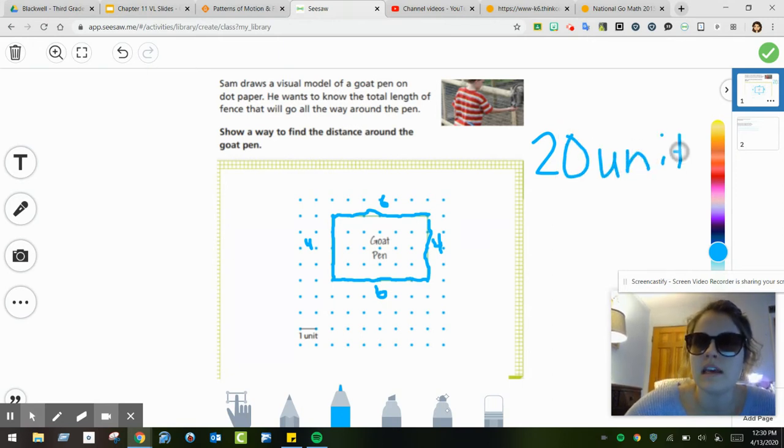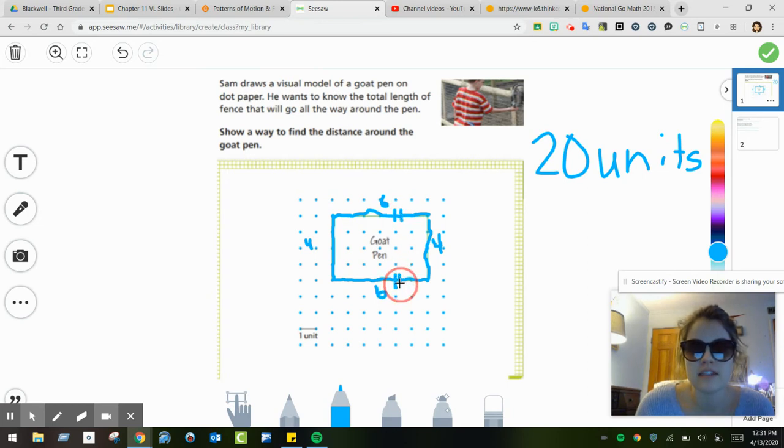We did that by counting each square around the perimeter. You could also add up the measurements around each side. We said that there's 6 units on this side and 6 units on this side. That means that these sides are equal. They're the same.